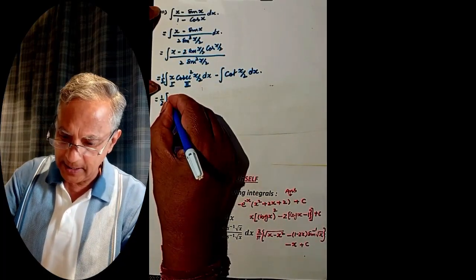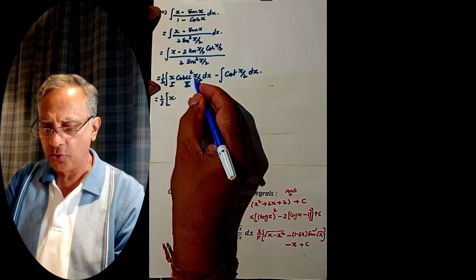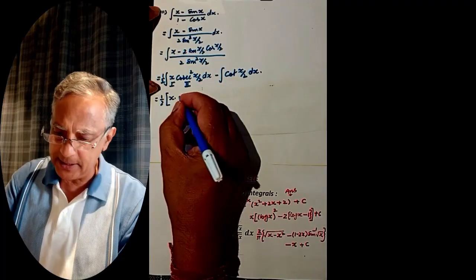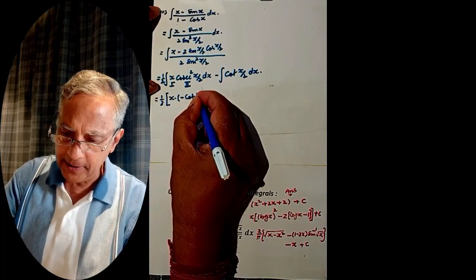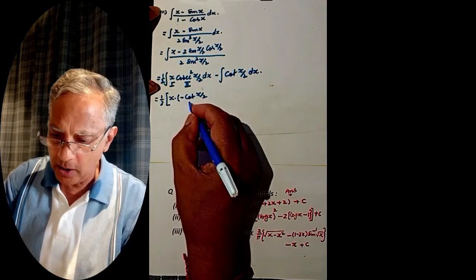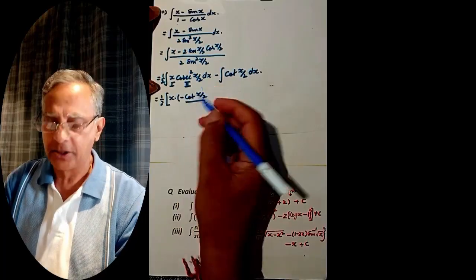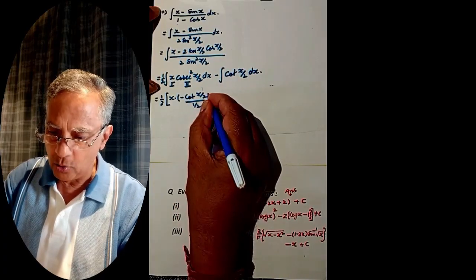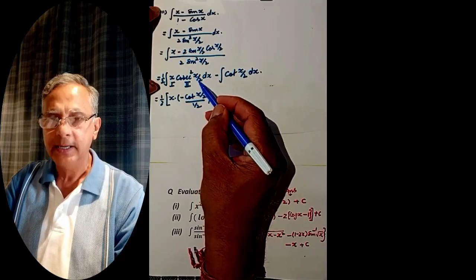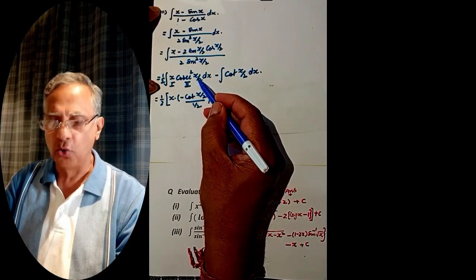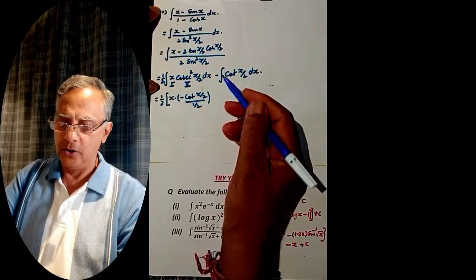1 by 2 into, now we do integration by parts. First function is x into integral of this. Integration of cosecant square x is minus cotangent x. So minus cotangent x by 2, and we must divide this by the coefficient of x, that is 1 by 2, because we are using the formula for ax plus b. So we must divide by a, that is 1 by 2.